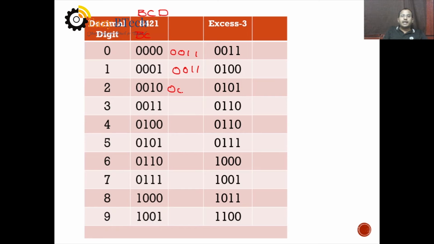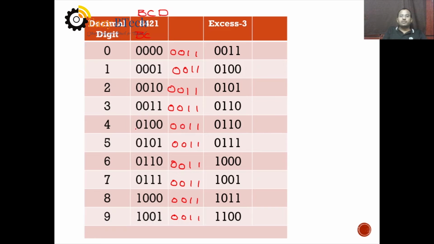So if we add 3 to the corresponding decimal digit, we will get the corresponding XS3 code representation. You can cross check any decimal digit in XS3 we can obtain by adding 3 to the corresponding BCD code.